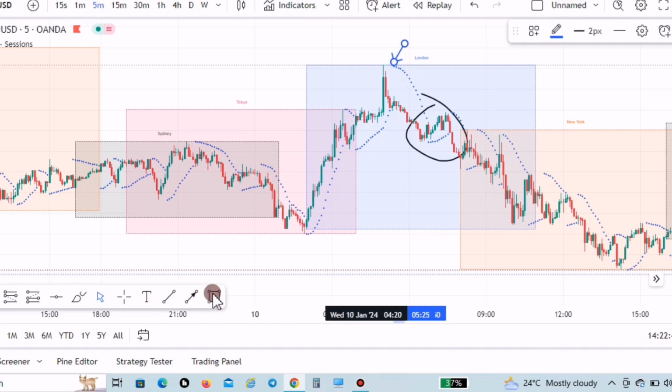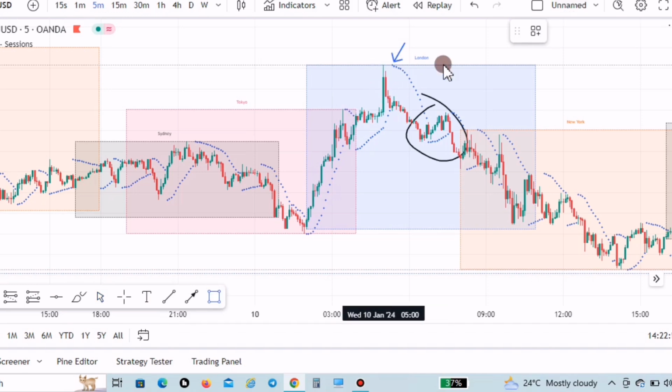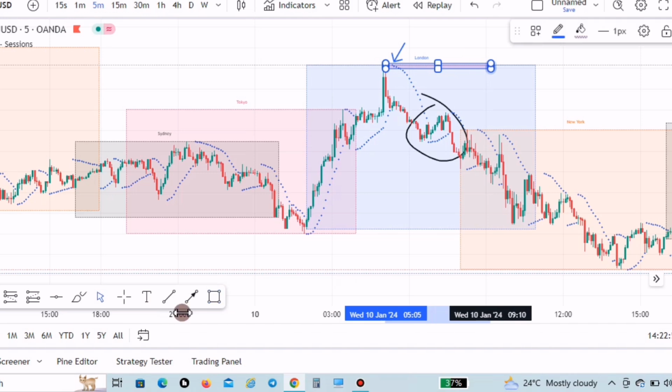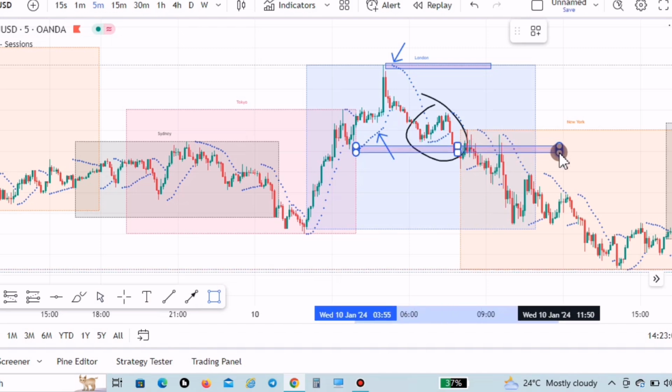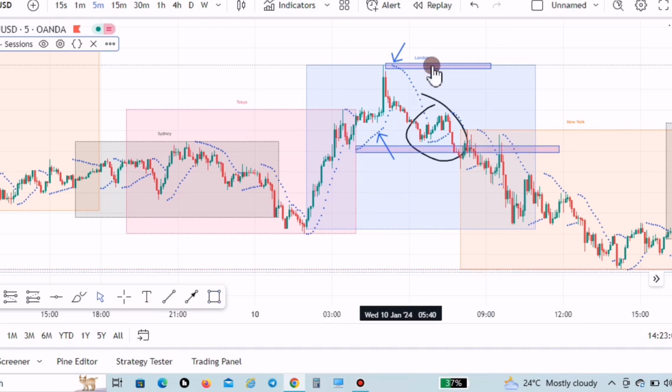So let's mark it like that. You had that parabolic, and you also had this one. So you are looking at these ones and waiting that if price will close above this, you buy. If it will close below this, you sell.